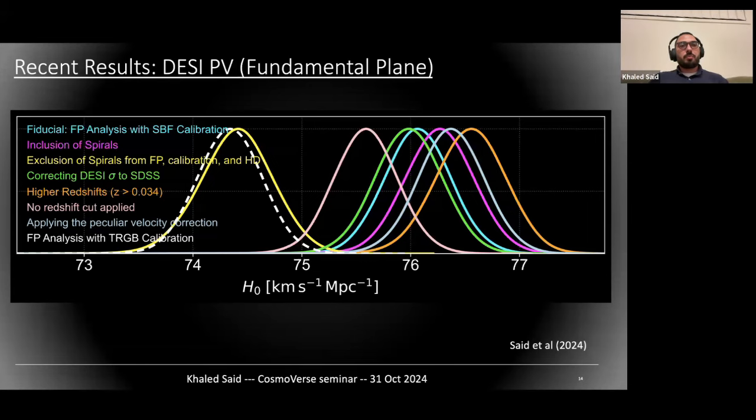So basically we're talking with other people, and we have some private communication with people who have put in proposals, and they already got observations with JWST and HST for TRGB, and they got a lot of TRGB. I think the number I was giving is about 40 TRGB and about 200 SBF.